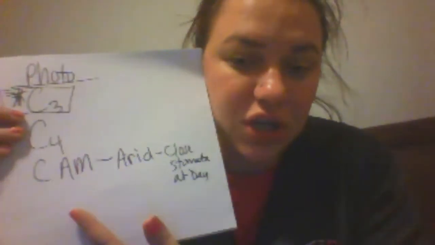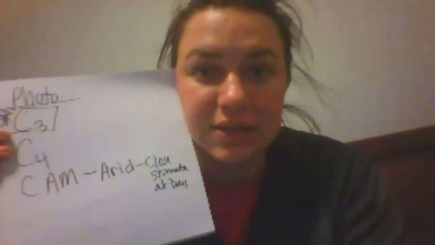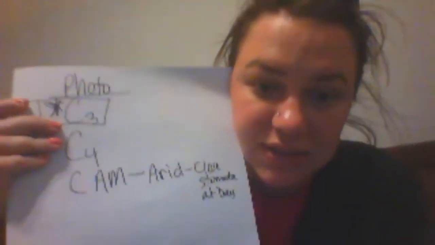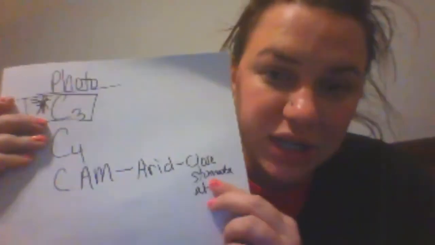So all I need you to know about a CAM plant is it's a different type of photosynthesis. You would see it in arid plants. CAM, and so what we say is they are temporally separated. A temporal separation literally means time. C4 is spatial.